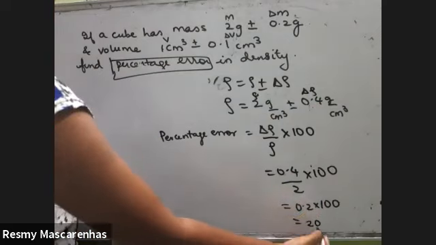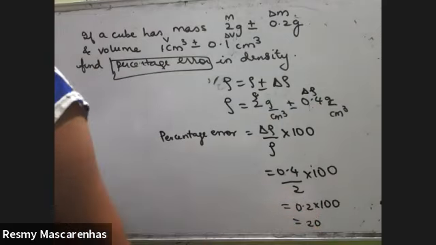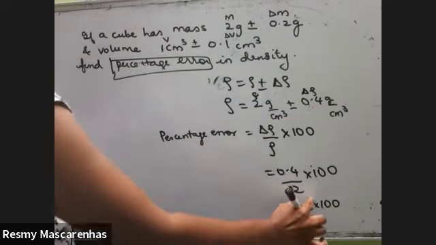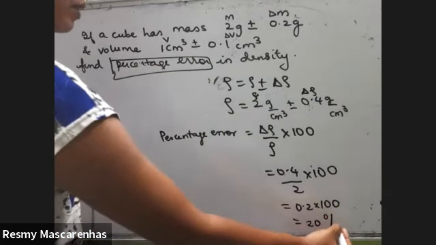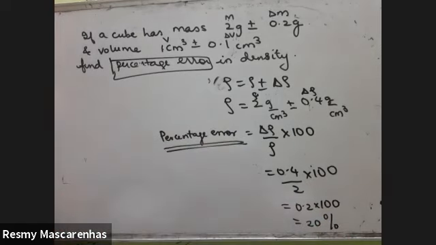So 2 decimal places, like this 20 it will become, because there are 2 zeros, I have to move 2 places here. And then just put percentage because you are finding percentage error. Any doubts in this you can ask.